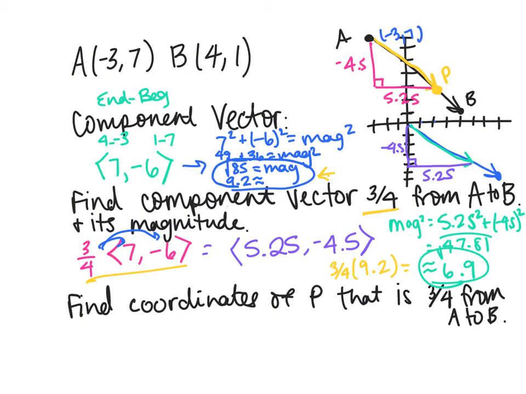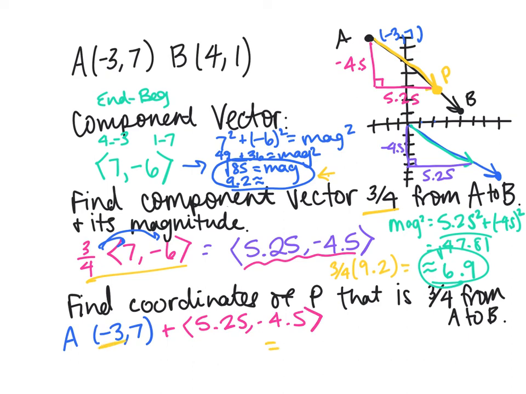Either visually draw your triangle and add it out, or algebraically think we started with A. A is at -3, 7. We are adding our new component vector, 5.25 and -4.5 to it, and then we're going to find out where A ends up, and that'll be our point P. So just add the x's together, so -3 plus 5.25 gives us 2.25.